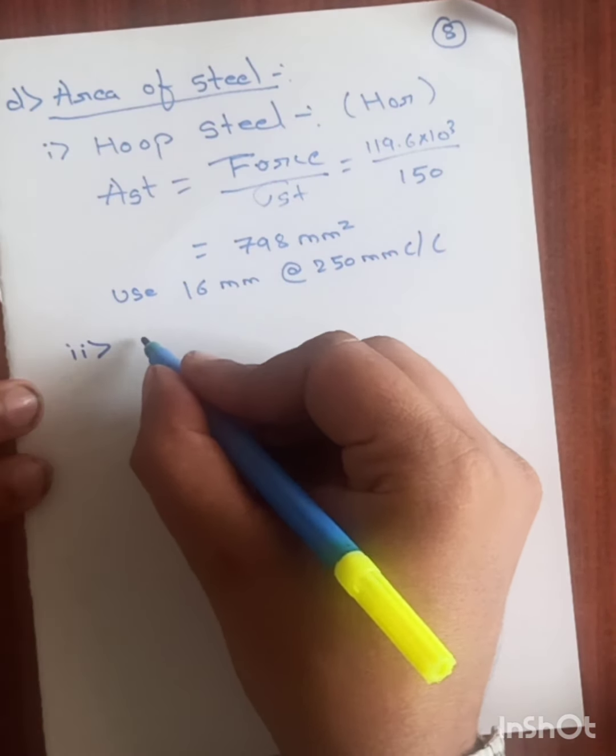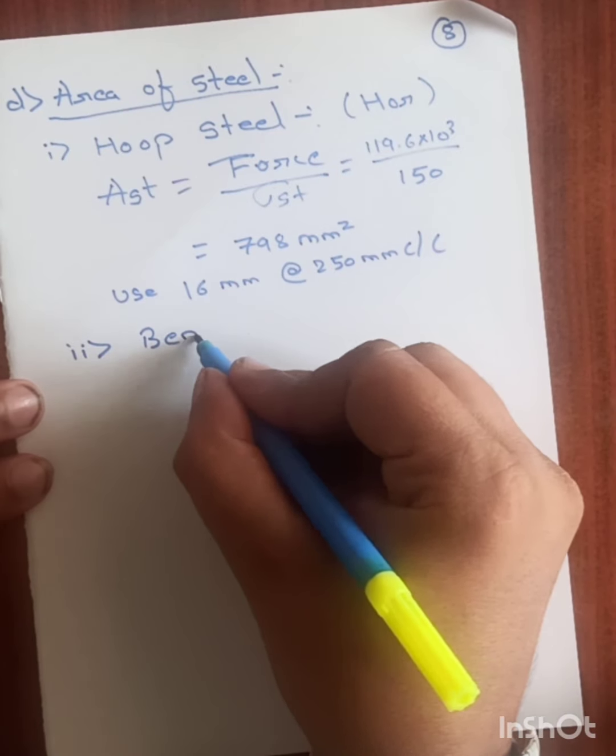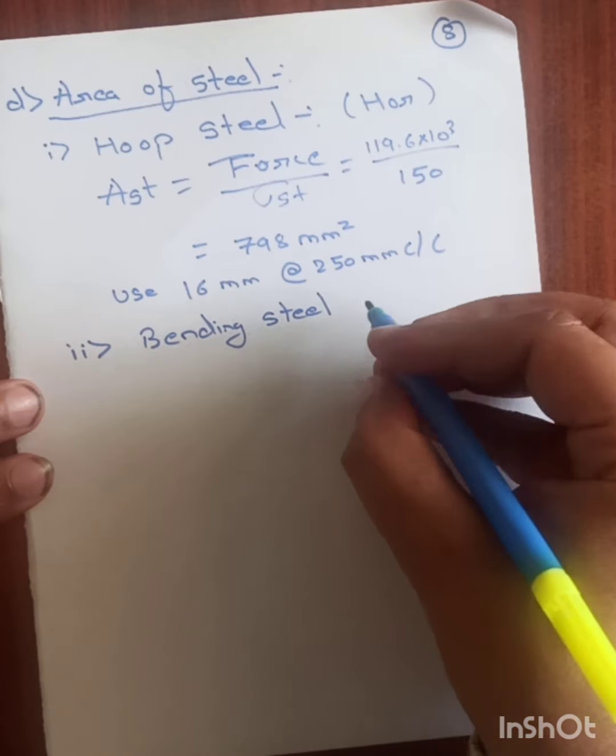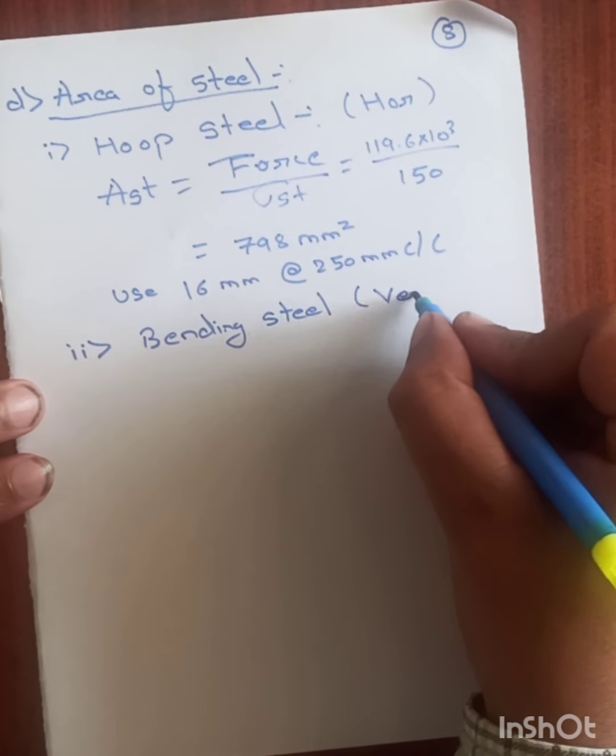Next, for bending steel, that is at bottom portion, bending steel, it is in vertical direction.